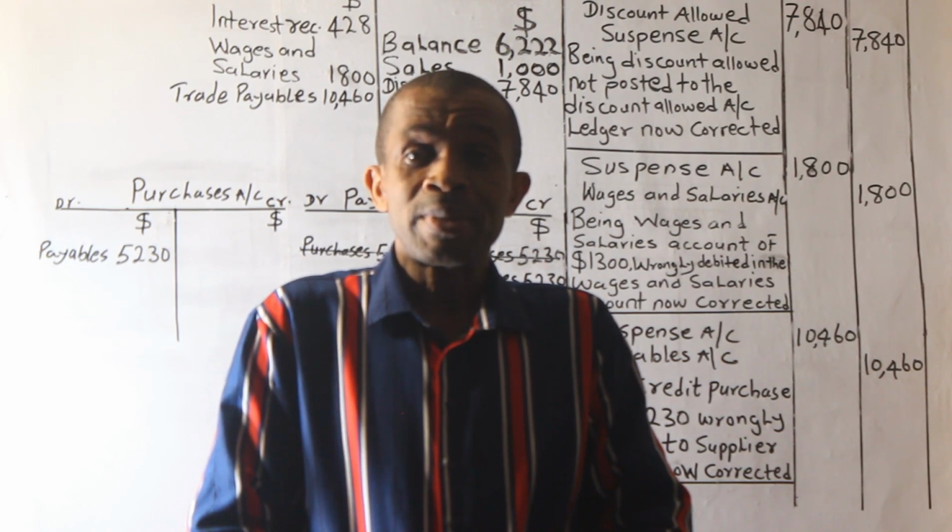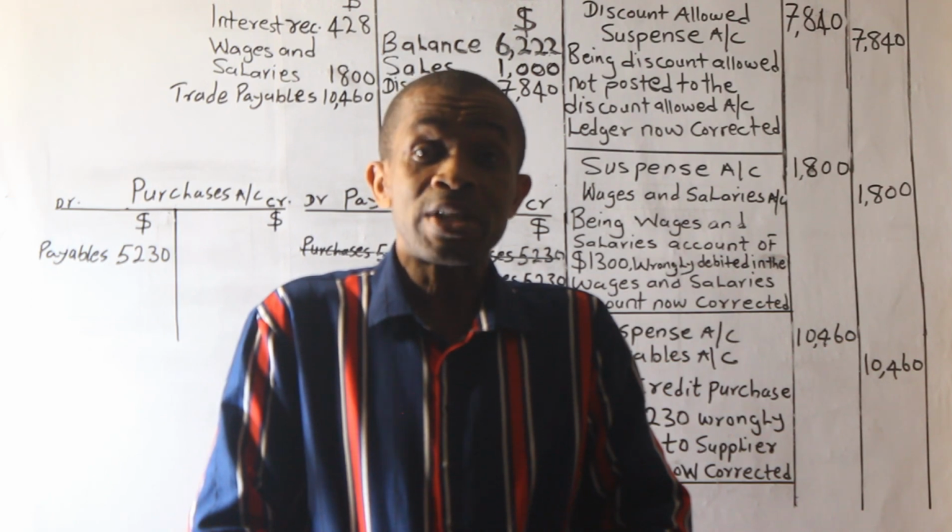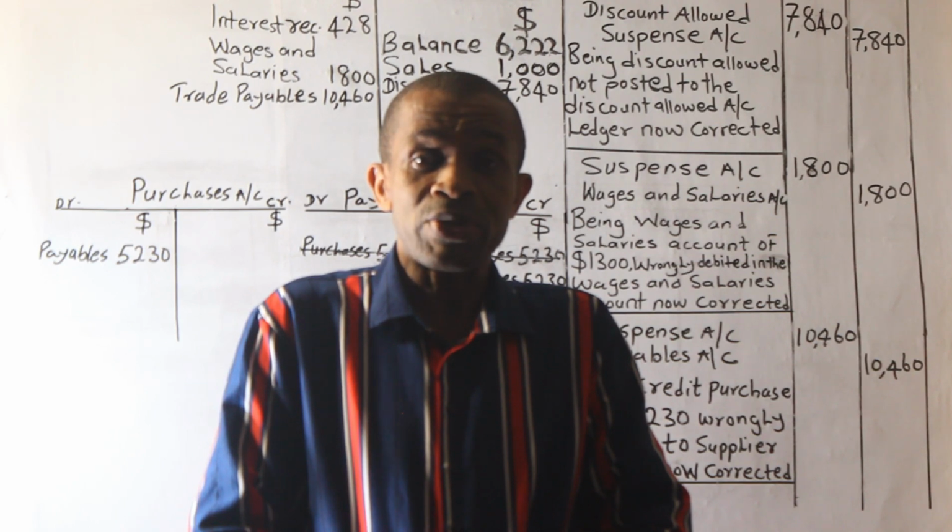How do I mean? Since the motor vehicle account has received the debit balance of $1,300 and the credit side of the cash book did not receive such amount, it means that since the credit side is witnessing absence of $1,300, the debit side of the trial balance will increase by $1,300, since it was only the debit side that received the entry.